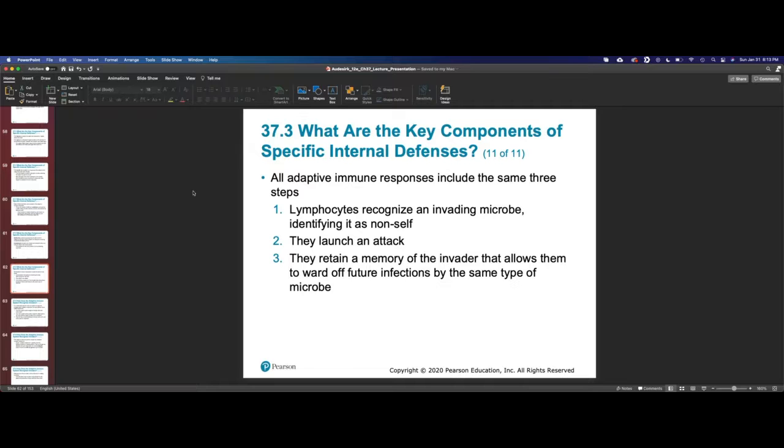They're only going to know it by its specific antigen, which is a combination of basically proteins that identify it. So each pathogen is going to have a unique set of proteins. And so they're going to have a memory of what that unique set of proteins is and how to fight it off. And so that's what that memory is going to be of.